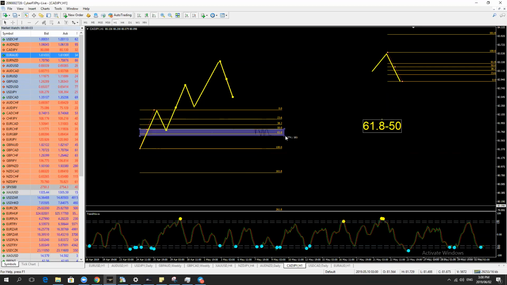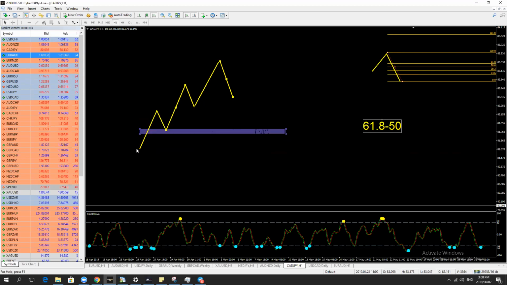Let me highlight it properly there, right. I got it. Now I would know that, okay, price has gone up. If it comes to that zone and shows me a reversal pattern or the candles are becoming bullish, then I know it's a good entry to go long. Okay, I go long.